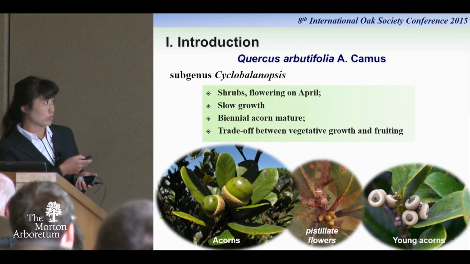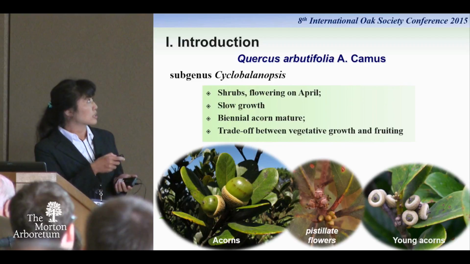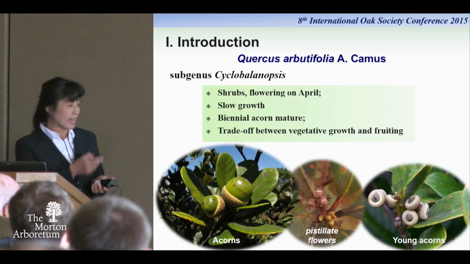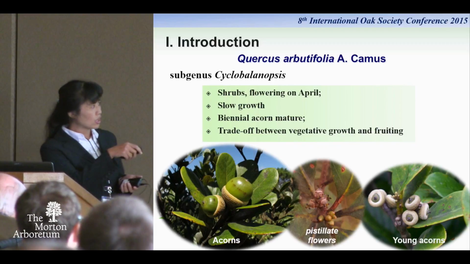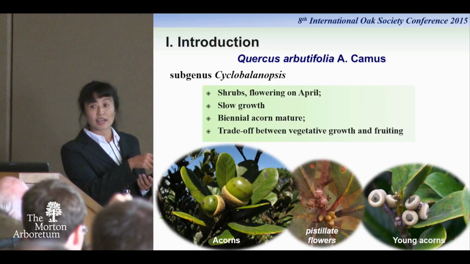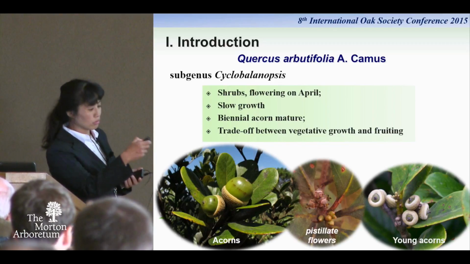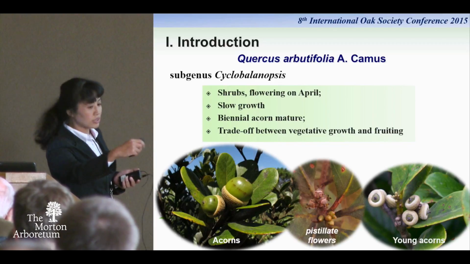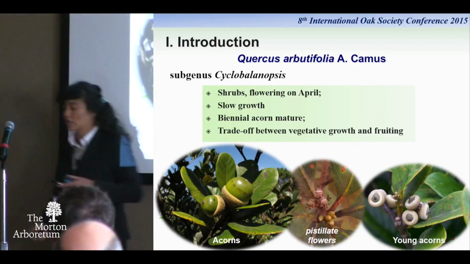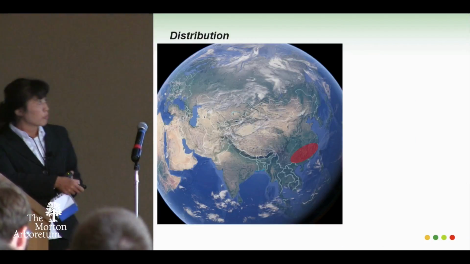This is the fruit, and it's a biennial fruiting species. We usually collect the acorns in late October, and we can also find the pistillate flowers right here.